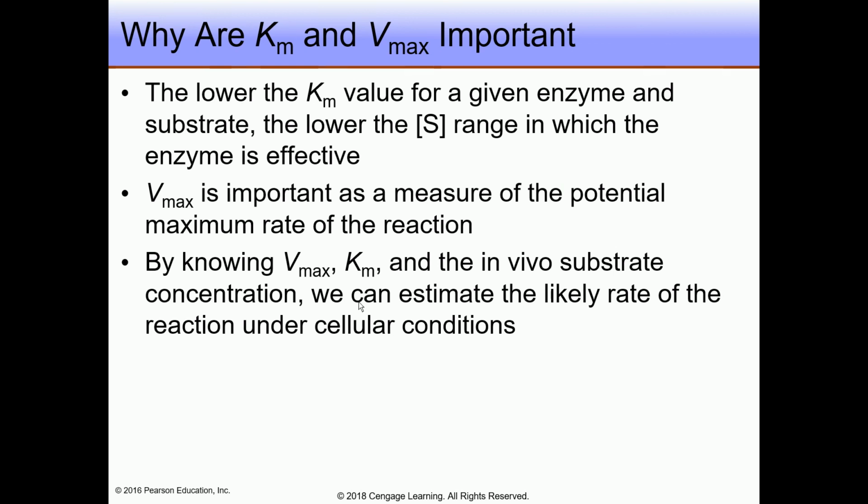So Vmax basically tells us the maximum rate of reaction, and Km is that concentration of the substrate where the rate of reaction is half the Vmax. The lower the Km value for a given enzyme and substrate, the lower the S range in which the enzyme is effective. Vmax is important as a measure of the potential maximum rate of reaction.